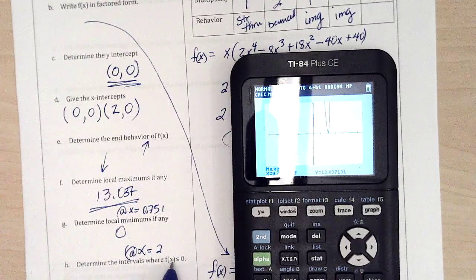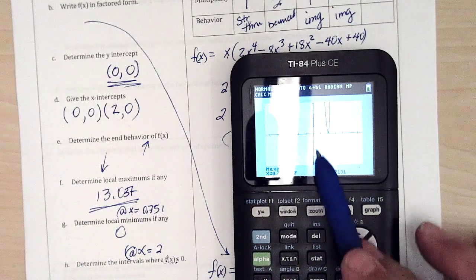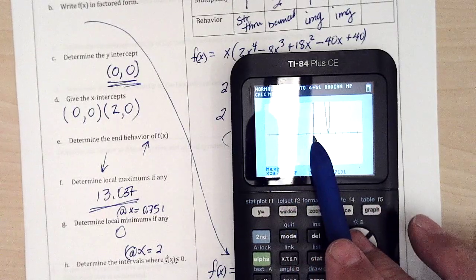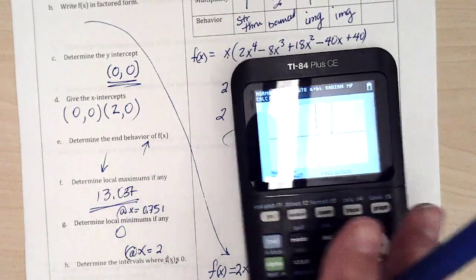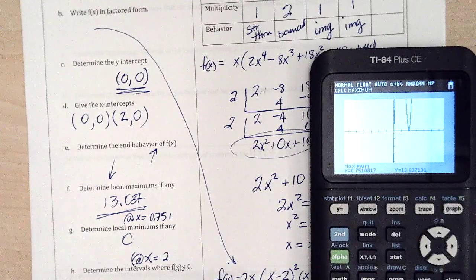For what x's are the y values less than or equal to 0? Looks like it's less than or equal to 0 all the way up to x equal 0. This graph goes on down and down and down. So from negative infinity up to 0, and it is equal to 0 at 0, so I'm going to include it.